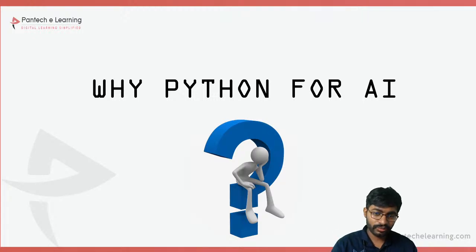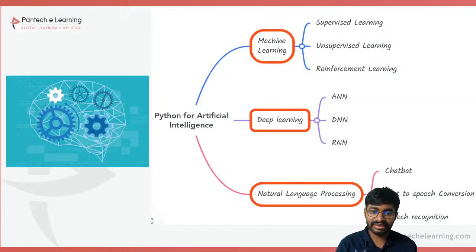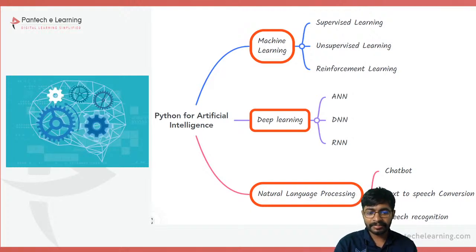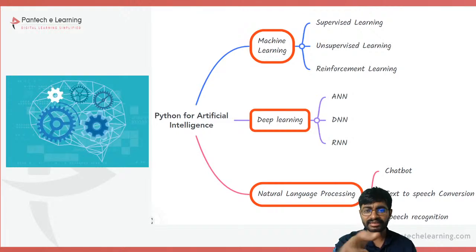Even artificial intelligence can be written completely in Java or C++ or R programming anywhere. But inside artificial intelligence, we have three different parts: machine learning, deep learning, and natural language processing.